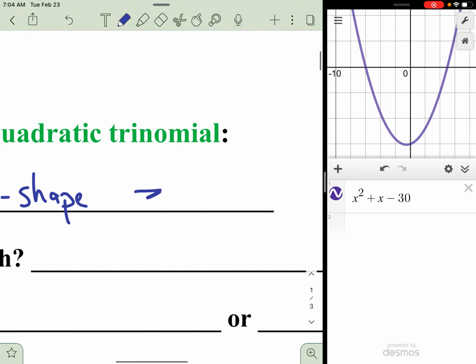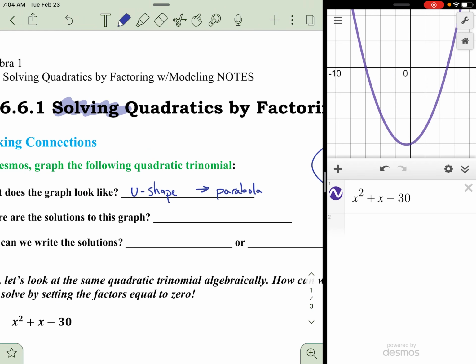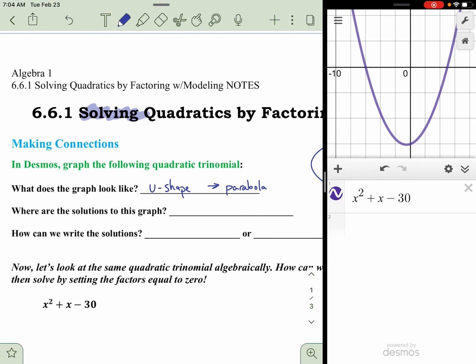But that U shape is actually called a parabola. I know, kind of a funny word, but parabola. And the solutions to this graph, right, because there's no intersections on here, not yet at least.